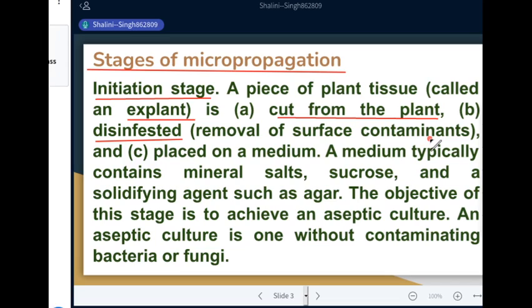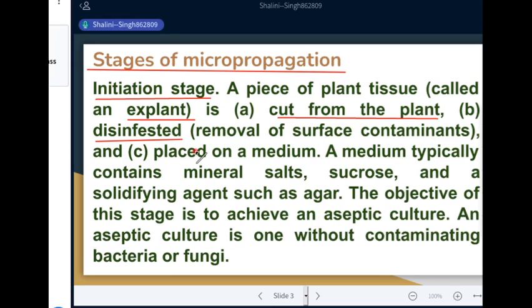If it has more chances of infection by a fungal species, then it can be treated with a fungicide. And then it is surface sterilized with a sterilant. The sterilant may be any of your choice. It may be hydrogen peroxide, ethanol, mercuric chloride, sodium hypochlorite or calcium hypochlorite in varying concentration.